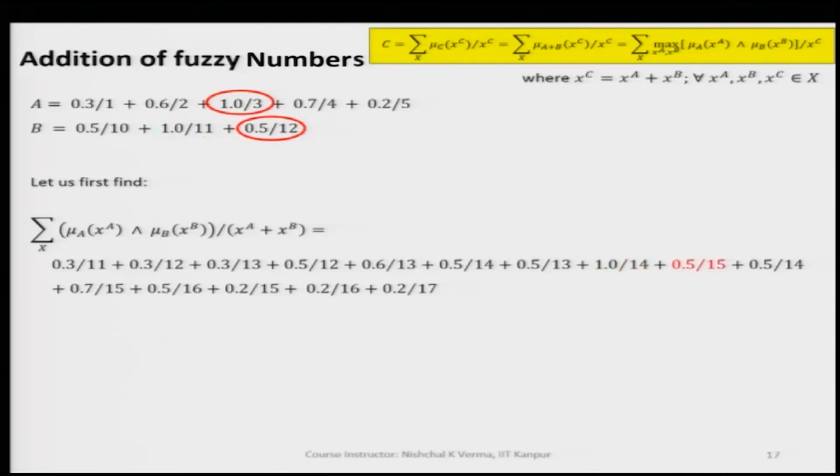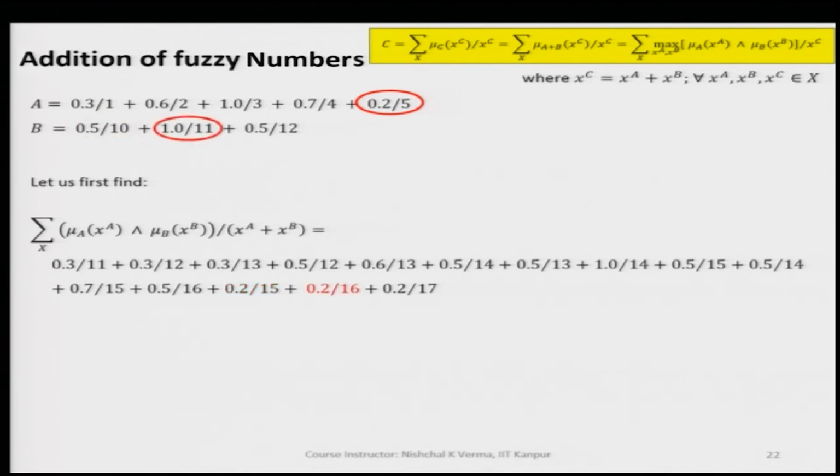With this combination we are going to get 0.5 oblique 15. With this combination we are going to get 0.5 oblique 14. With this combination here we get 0.7 oblique 15. Similarly, we get here with this combination 0.5 oblique 16. With this combination we see here 0.2 oblique 15.